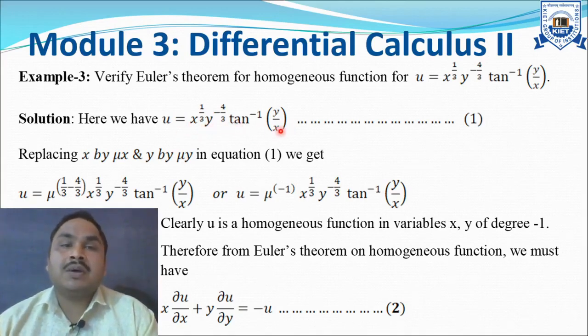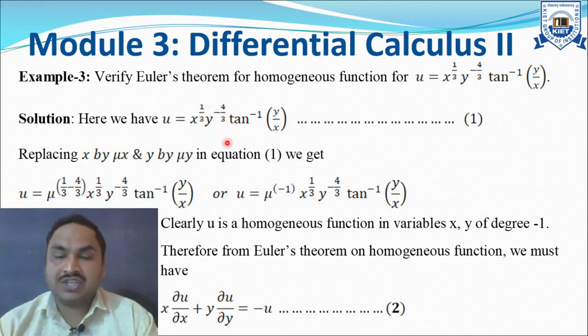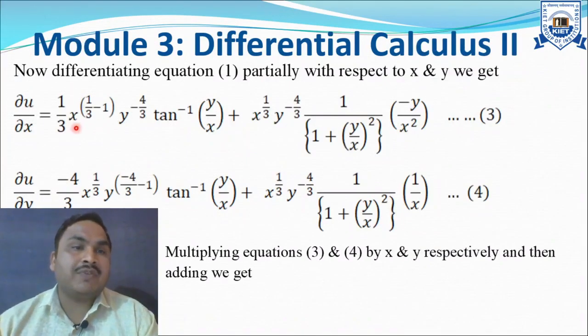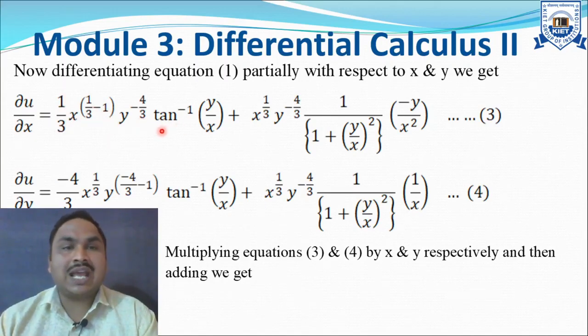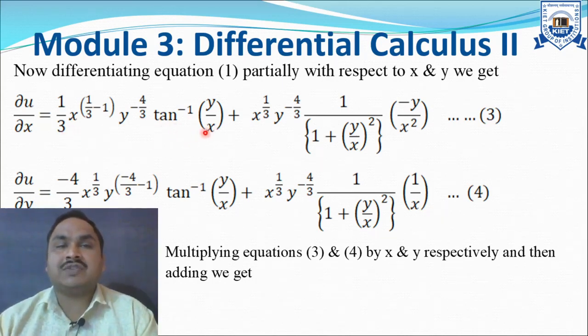So applying the product rule, first we differentiate x raised to the power 1 by 3. The derivative of x raised to the power 1 by 3 will be 1 by 3, x raised to the power 1 by 3 minus 1, y power will be as such, tan inverse we kept as such.